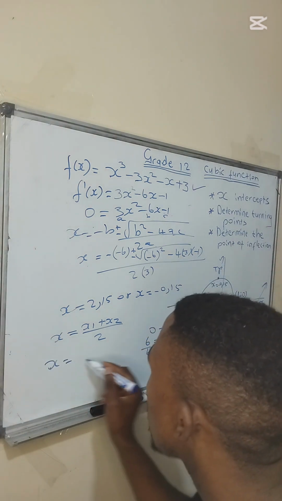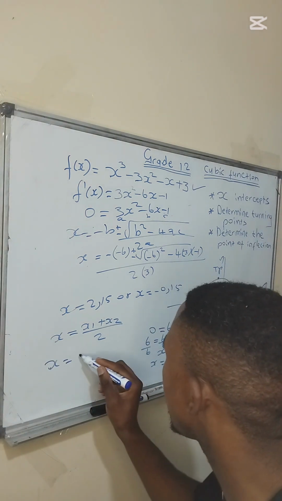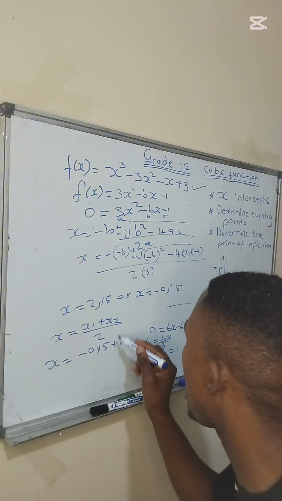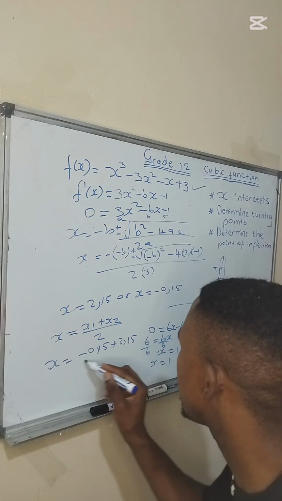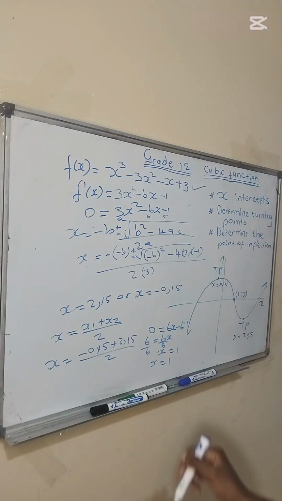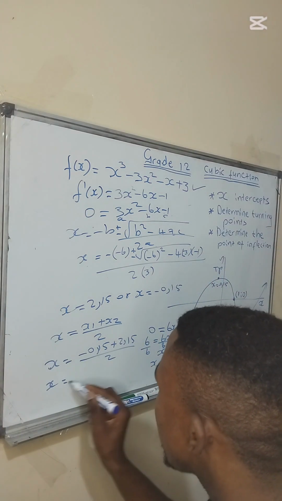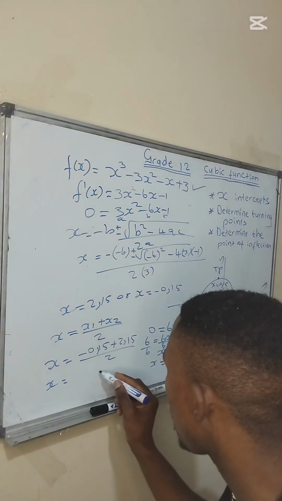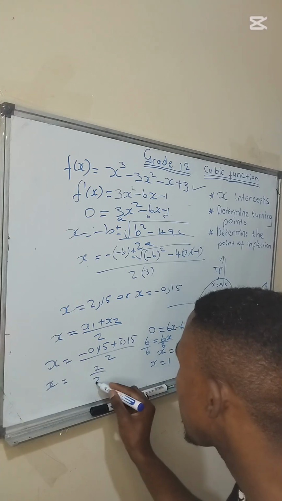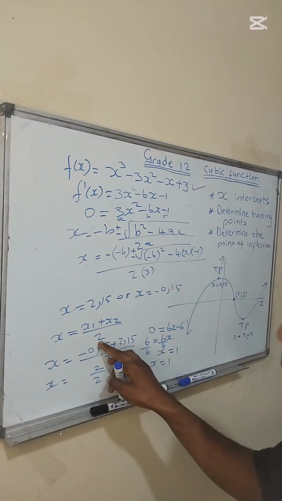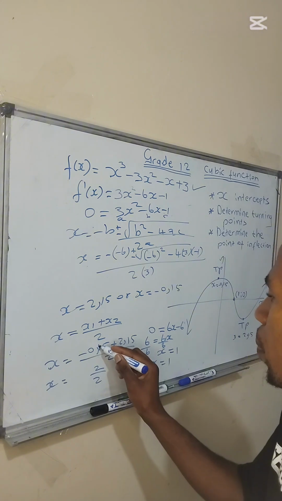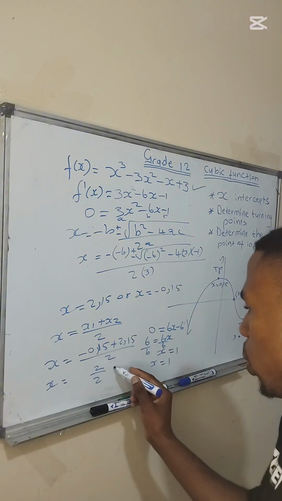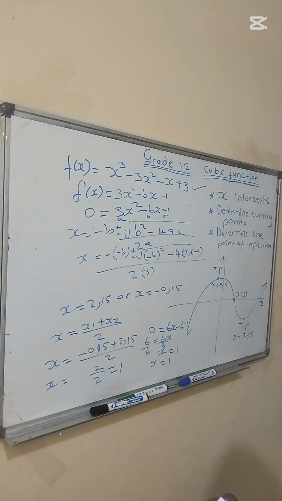Therefore our x1 is negative 0,15, plus our x2, which is 2,15, divided by 2. Negative 0,15 plus 2,15 is equal to 2, divided by 2. If you punch negative 0,15 plus 2,15 all divided by 2, the simplification of this is equal to 1, right?